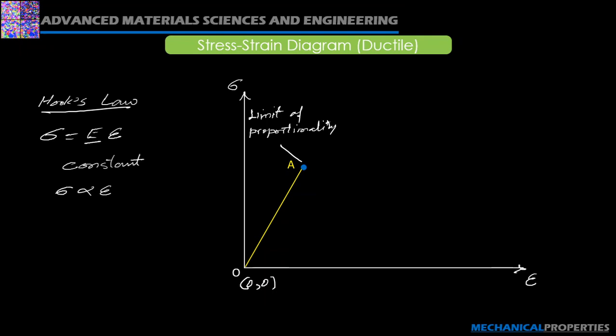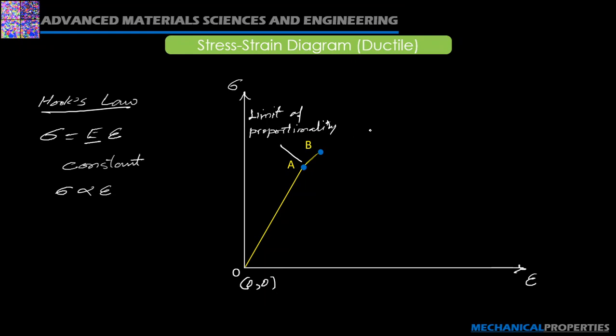Upon further application of the force, the curve is not following Hooke's law, but still the material behaves in an elastic manner, which means on removal of the applied load, the material will follow its backward path. So till point B, the material follows elastic behavior.